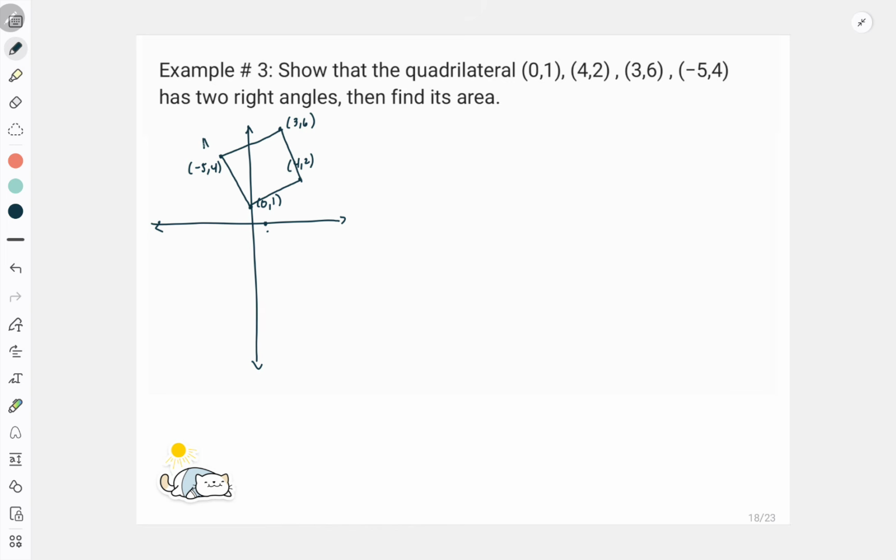Okay, so let's have A, B, C, and then D. Okay, get all the slopes, AB.